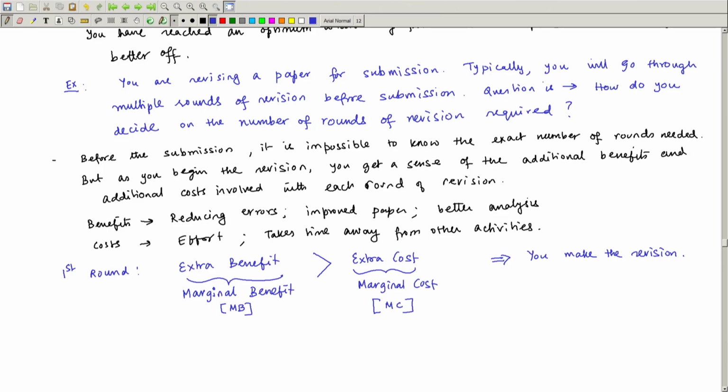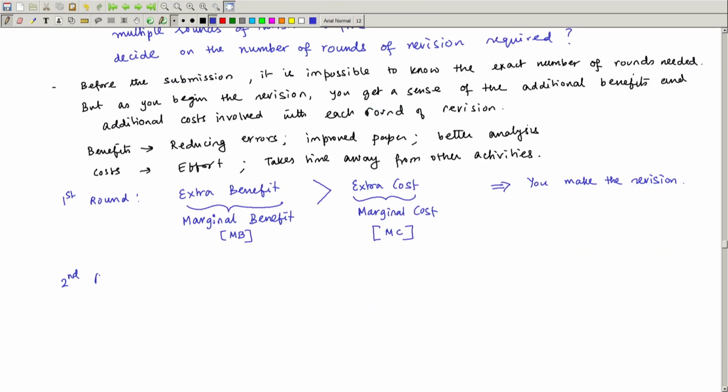So, now you go to the second round. Now, in the second round, you need to go beyond simply looking at spelling mistakes. So, now you are looking at, are the various sections written properly. So, a standard paper would have an introduction section, a literature review section, your model and analysis section, a results section, and then a conclusion section.